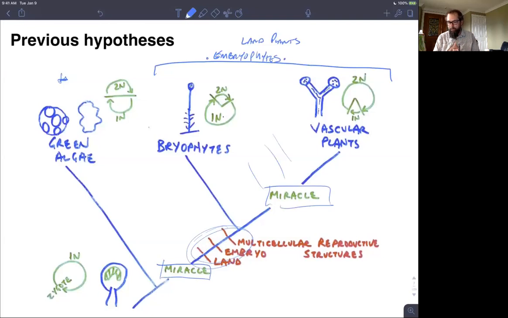It turns out that with this sort of coarse phylogenetic information, it's very difficult for us to interpret that. But once we are able to understand the phylogeny better, the interpretation of these evolutionary transitions actually makes a lot more sense.